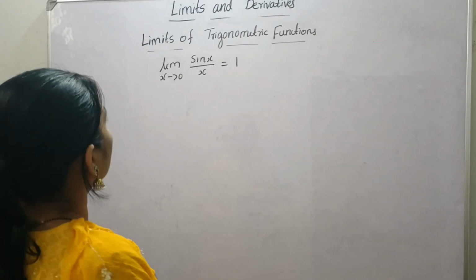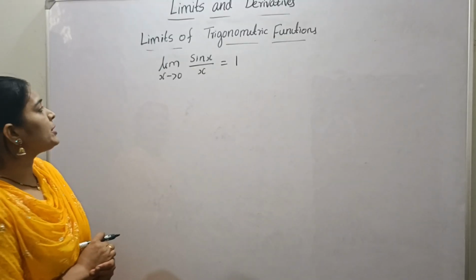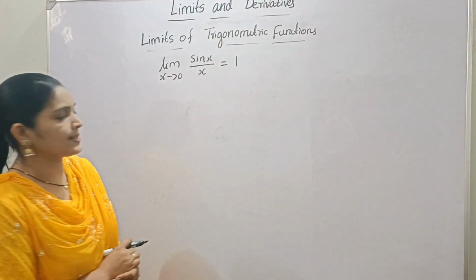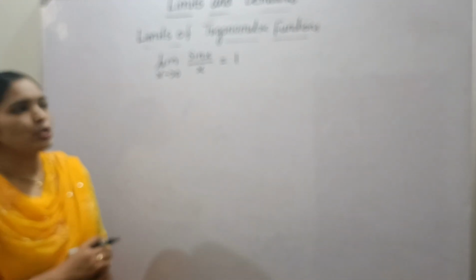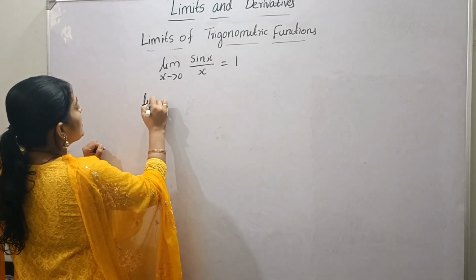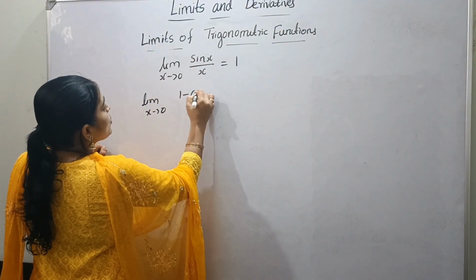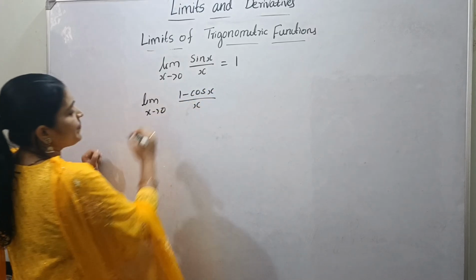Here we have got an important trigonometric limit: the limit as x tends to 0 of sin x by x is equal to 1. Let us find another important limit: the limit as x tends to 0 of 1 minus cos x divided by x.